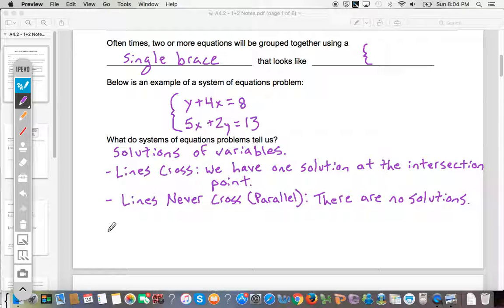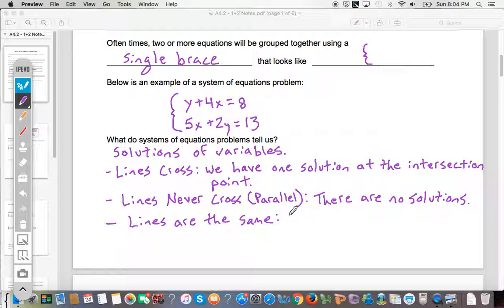Okay? So our last scenario, our lines are the same. Okay? And of course that could happen. So if our lines are the same, they intersect at an infinite amount of points. Okay?